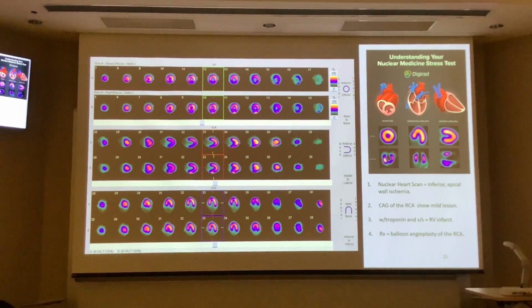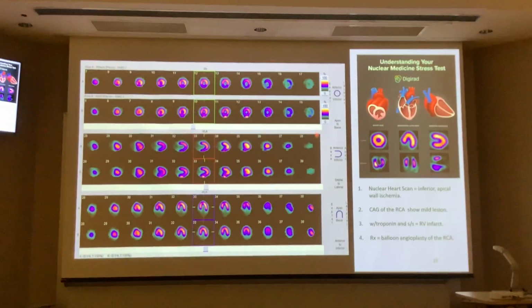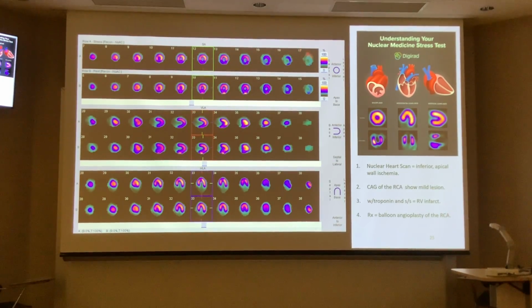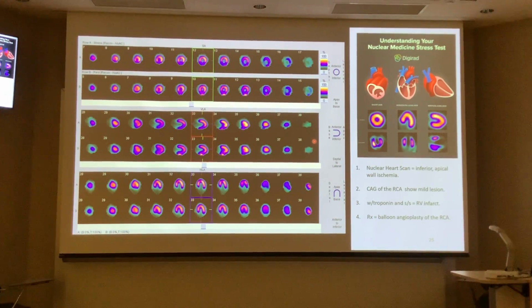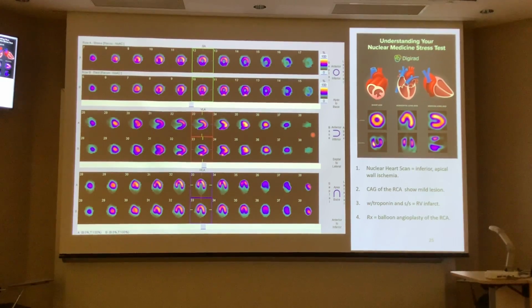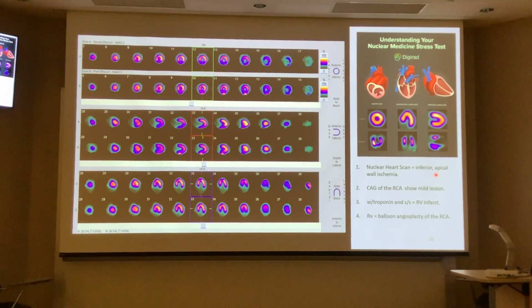For that, we looked at the nuclear perfusion scan of the patient. If you look at this area here and here, there's no intense or bright color. Those regions represent less blood flow in the inferior and apical wall.